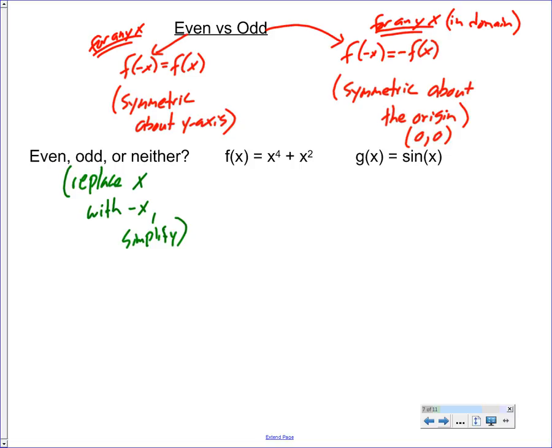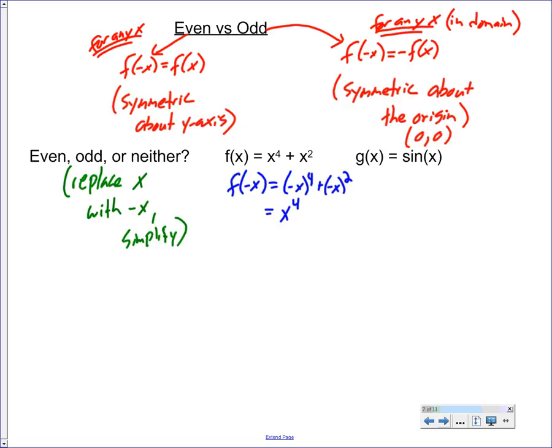So first one, we have x to the fourth plus x squared. What we'll do is replace x with negative x. And now we'll simplify. Negative x raised to the fourth power, a negative number times itself 4 times, would be positive no matter what.